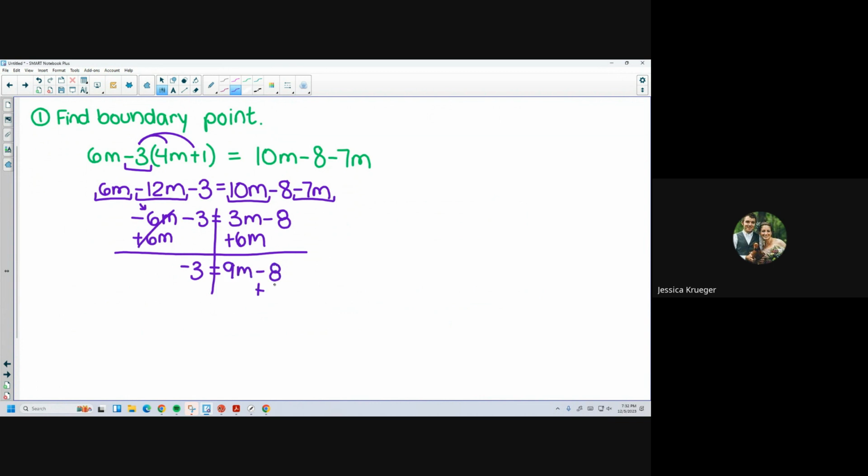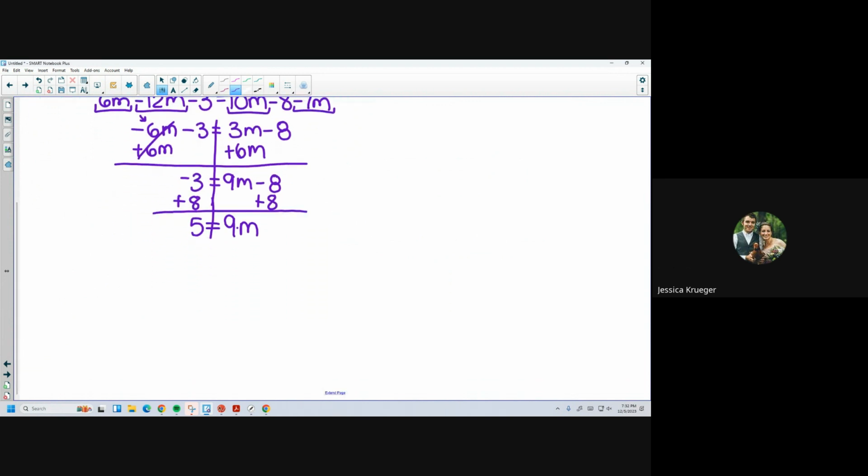Now I need to move the 8 because it does not have a variable with it. Negative 3 plus 8 is 5, so I get 5 equals 9m, and this is 9 times m. So to get m alone, I need to get rid of the 9, which means I need to divide both sides by 9. Now, that does not divide evenly, so I'm going to leave it as a fraction. m equals 5/9.